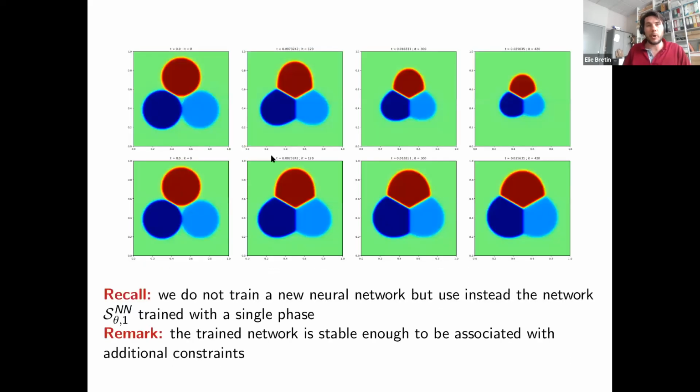If you do this, we see that the neural network can be applied in this context to obtain an approximation which seems to be very good. We can also add in this example a volume constraint, which shows that the trained network is stable enough to be associated with additional constraints.